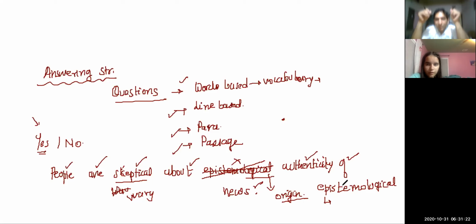In a sentence, one particular word is not really going to play a very important role. Technically, you should actually cancel the word the way I've done it and read the whole sentence without the word. People are skeptical about authenticity of news is as good as people are skeptical about epistemological authenticity of news.